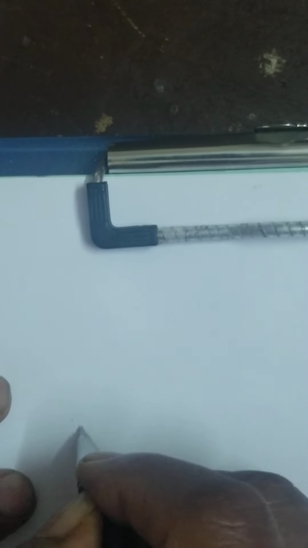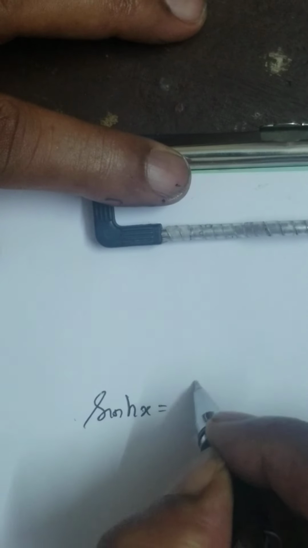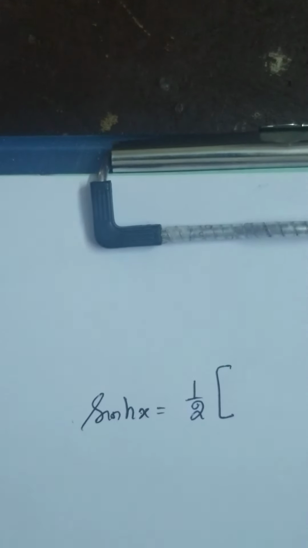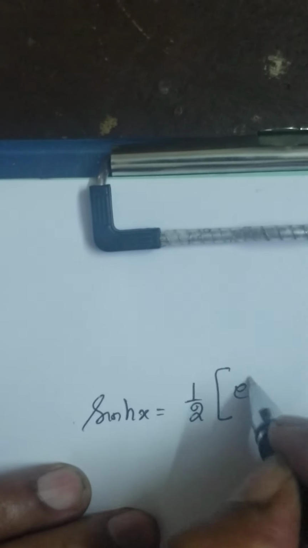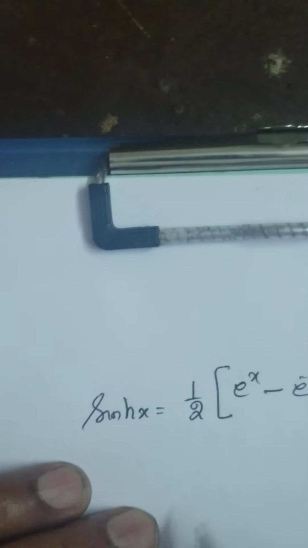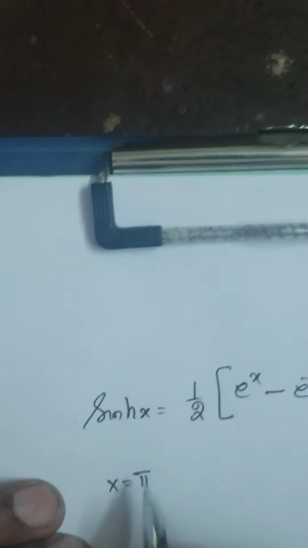Coming back to that, therefore, here sine hyperbolic is equal to, what you got? Half of e to the power of x minus e to the power of minus x. Example, if x is equal to pi, what will you write?